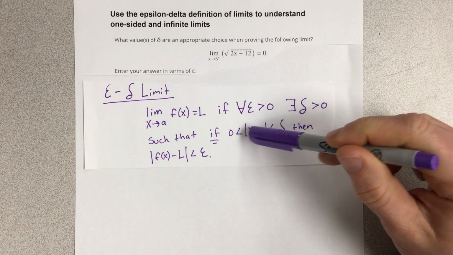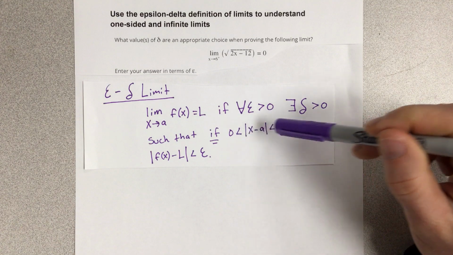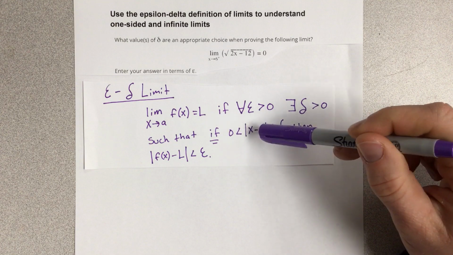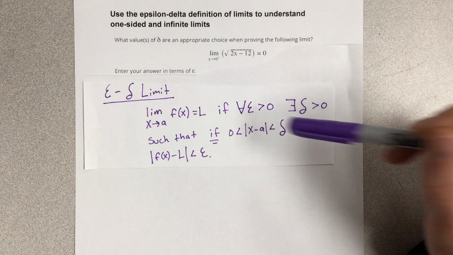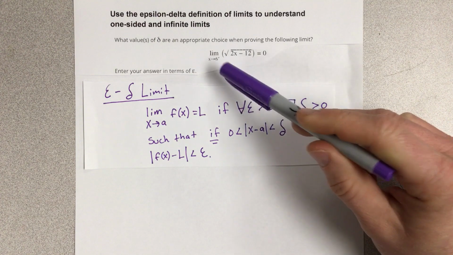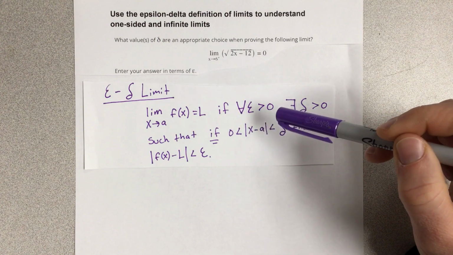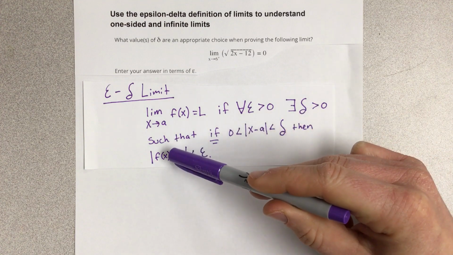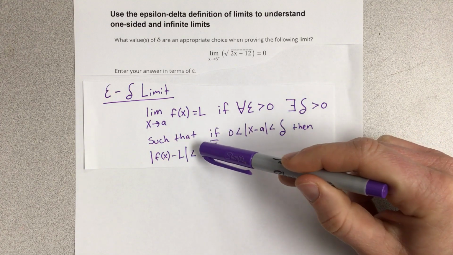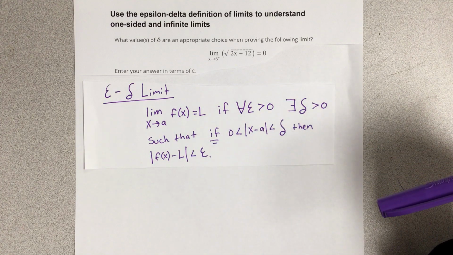So this part here is talking about x values, meaning that there exist some x values really close to our x value a, where we're trying to take the limit, that would produce a value that is really close to the limit, within a tolerance of epsilon, essentially.